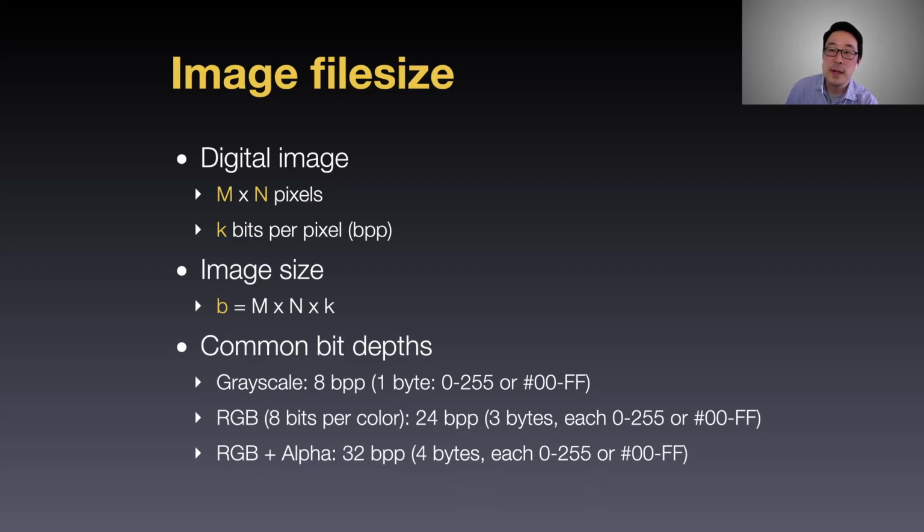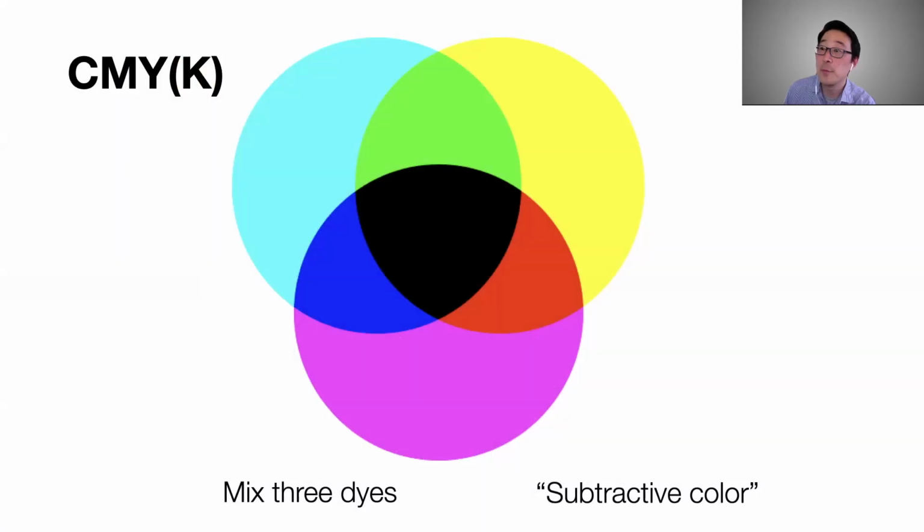I just wanted to briefly mention there are different ways of specifying color as well, not just RGB. As we said, RGB is additive, where you're starting with basically a black background and then adding brightness and color on top of that. Well, that's great if you're starting with a black background screen. So what if we're starting with a background that's white, like a sheet of paper? There are different models.